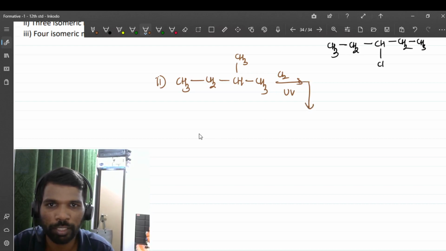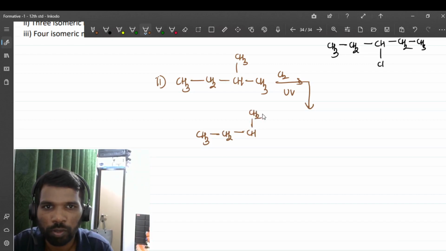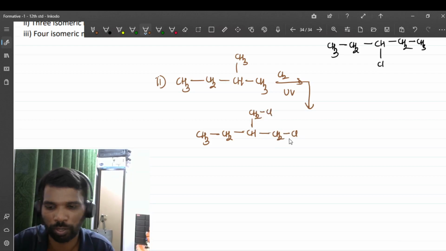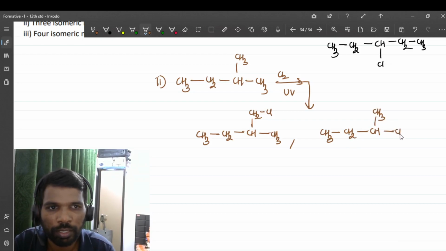Possibility for this reaction, one compound, what it will show is this CH2Cl, and CH3. This is one possibility. Second possibility is this CH3, CH2, CH, CH3, and this is CH2Cl, right?